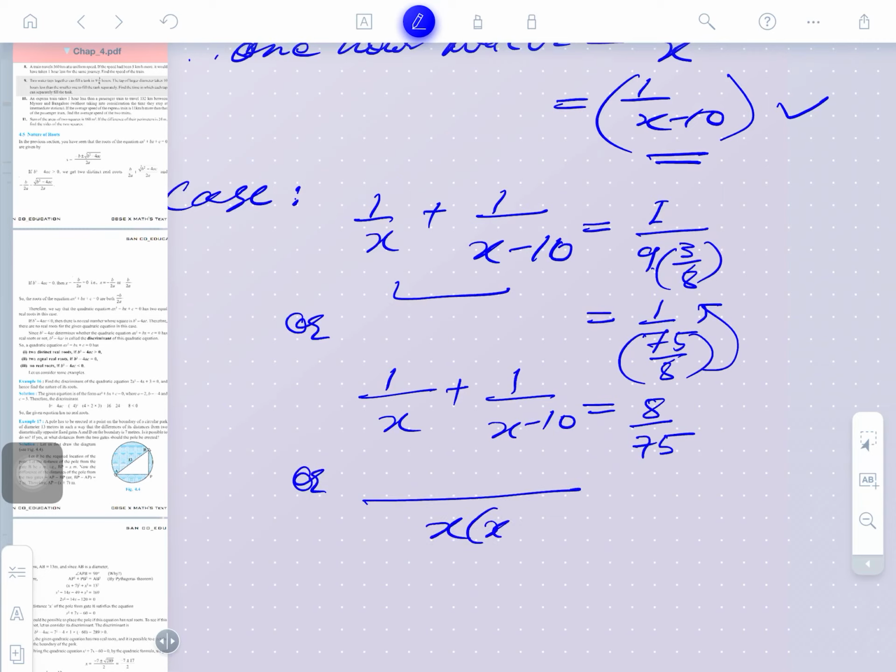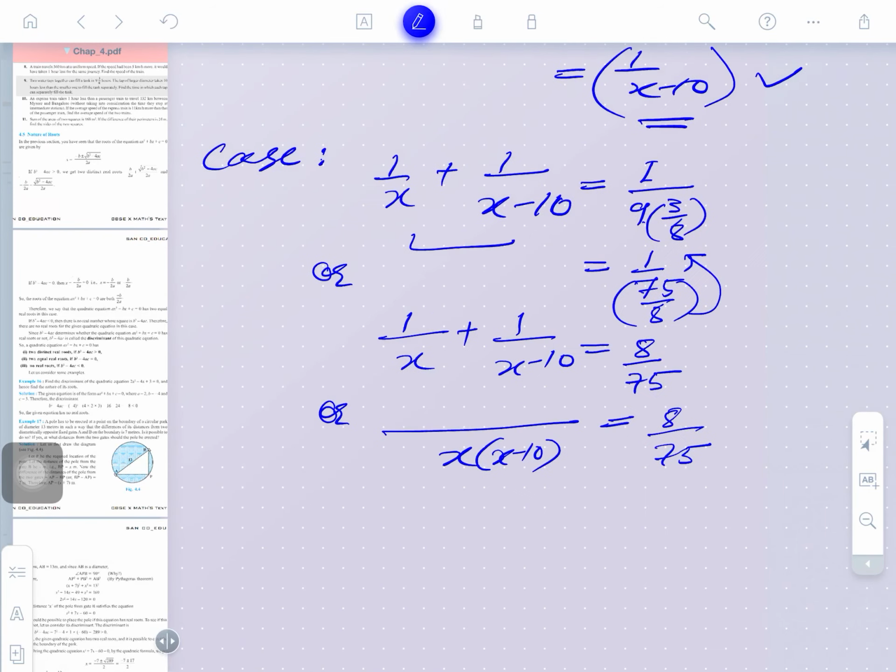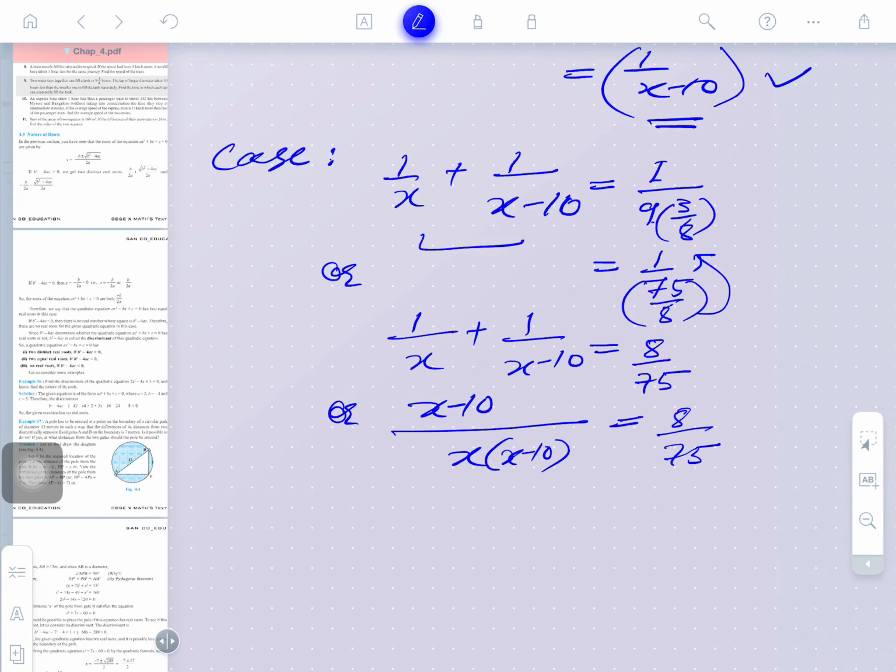Okay. It's x and x minus 10 also, and 8 by 75. Clear? What is to be done then? It's x minus 10 and x is also. So here will be 2x minus 10 and it's x square minus 10x.